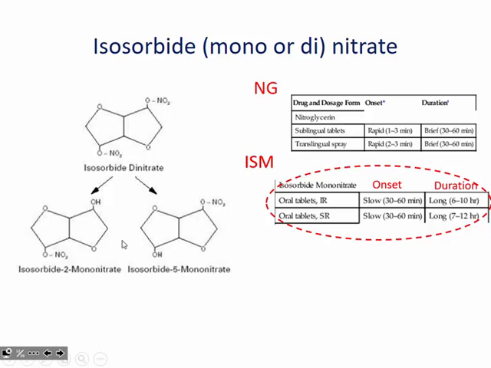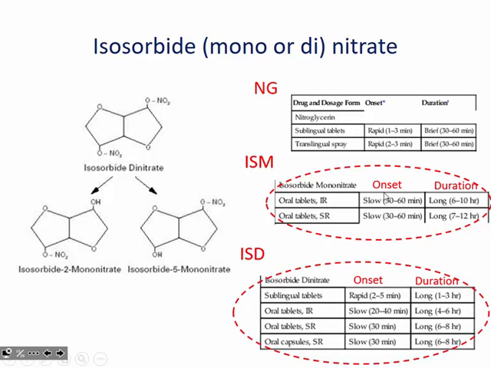You can have a longer duration of action, but the problem is the slow onset. For treating angina, ideally you would require a rapid onset but a prolonged duration, right? So you need a combination of those.